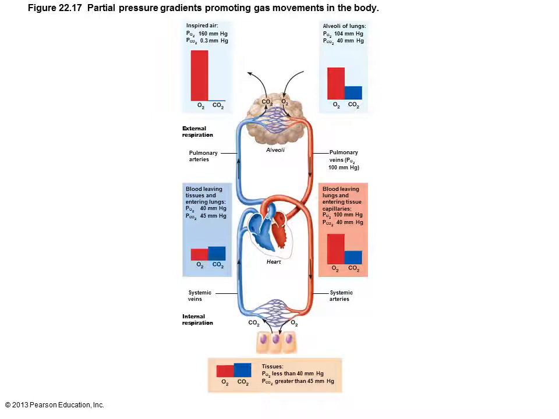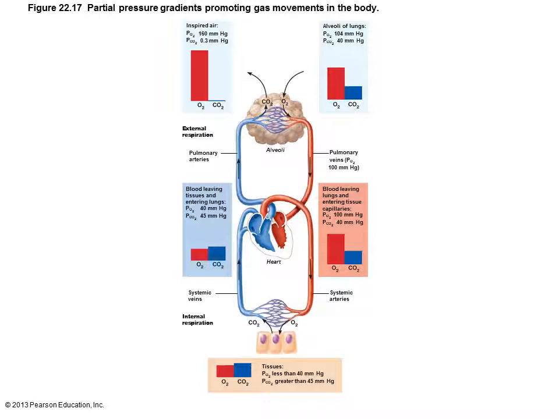Henry's law describes gas mixtures in contact with liquid, where each gas dissolves in proportion to its partial pressure. The composition of alveolar gas is shown in the top graph. Alveoli contain more CO2 than atmospheric air, and gas exchange in the lungs occurs.